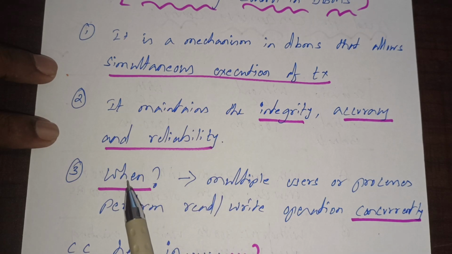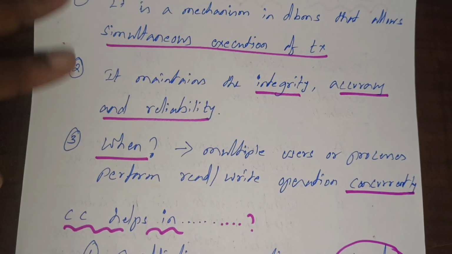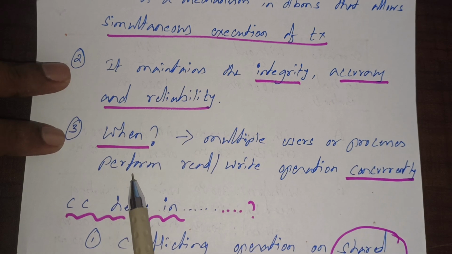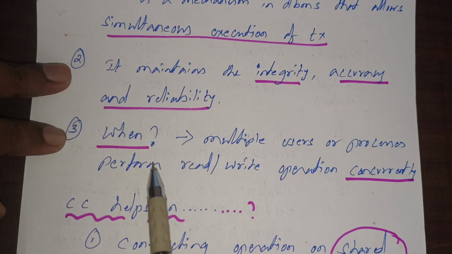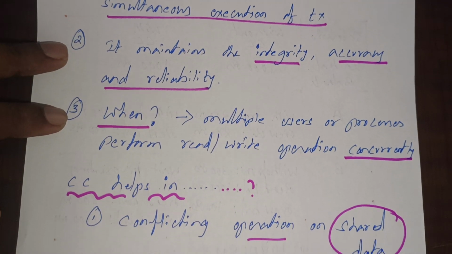So when is concurrency control needed? When multiple users or multiple processes perform read and write operations concurrently, and all the operations conclude, there is a need for concurrency control.